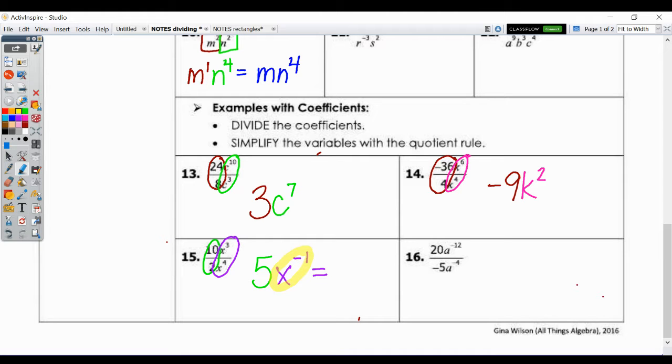So I've got to create a fraction. This 5 gets to stay on top because it's fine. It doesn't have anything wrong with it, so it just stays on top of the fraction. But I've got to move this x to the negative 1 to the bottom of the fraction, and it changes to a positive 1, or I can just leave it x.